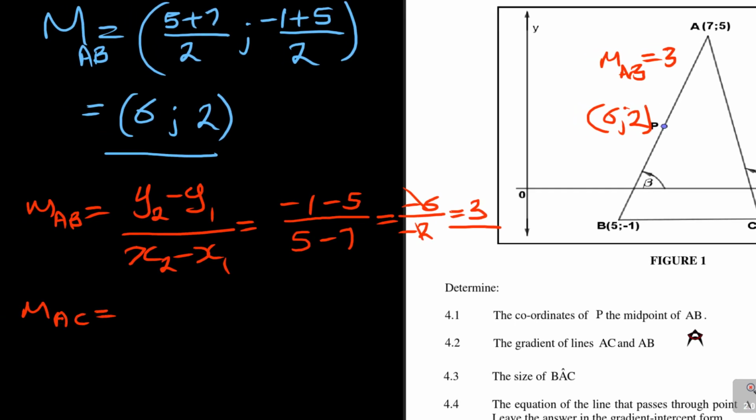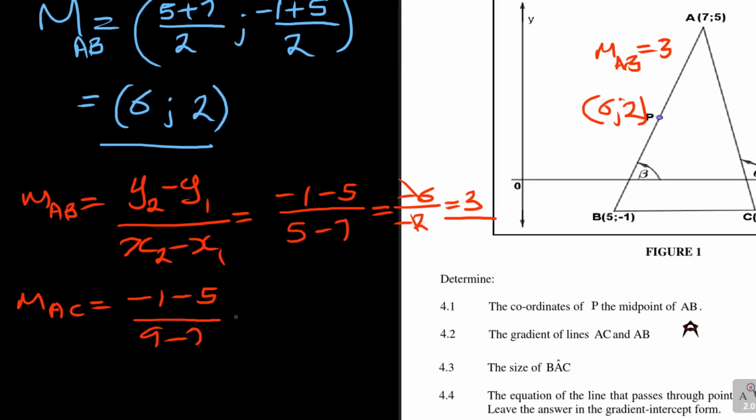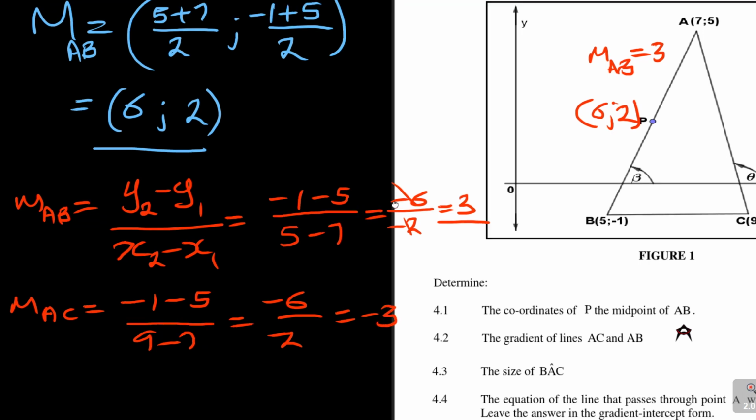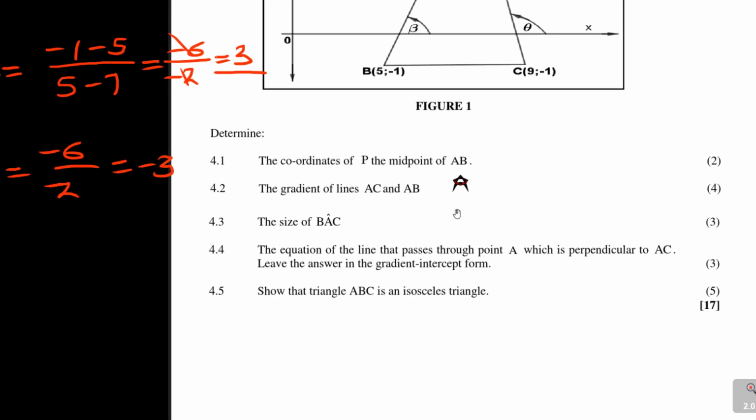Minus 1 minus 5 gives us negative 6, over 9 minus 7, which is 2, which is equal to negative 3. So the gradient of AC, m of AC, is negative 3. Happy? So that is fine. Okay, now.